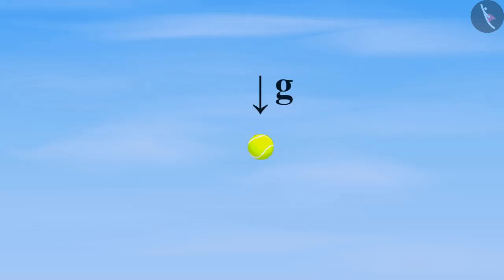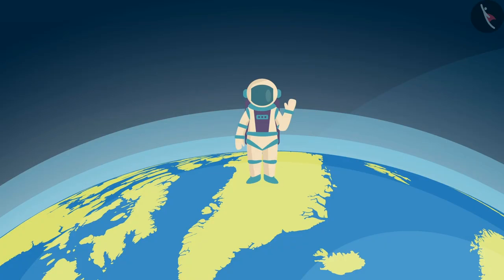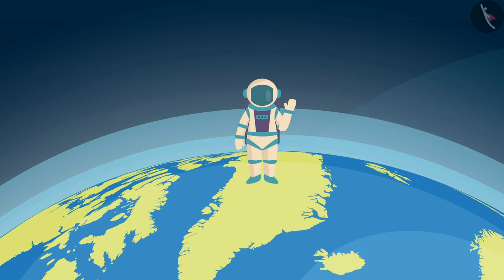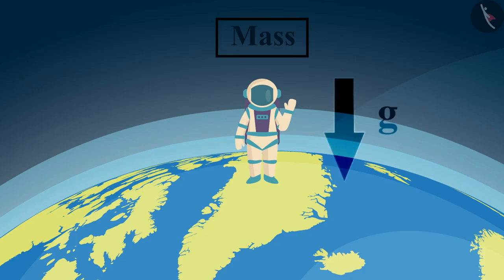We know from the previous video that the Earth attracts every object with a certain force. The weight of an object is this force with which it is attracted towards the Earth. This force is defined on the basis of the mass of the object and the acceleration due to gravity.